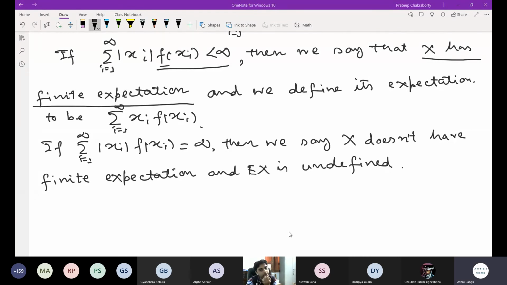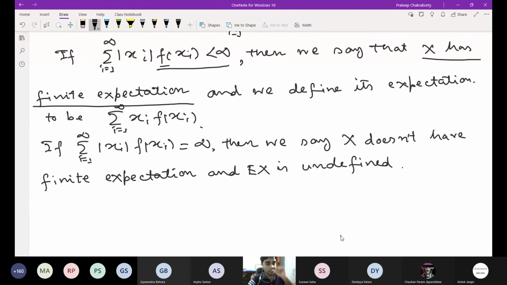I was just saying that xi is in such a manner that the value will be decreasing, so that it should not go to infinity. Right. So we don't say exponentially, but it will decrease in such a way that the infinite sum will be finite. Infinite sum is actually finite.